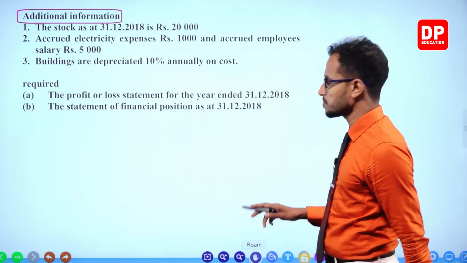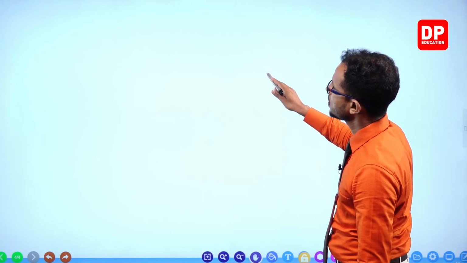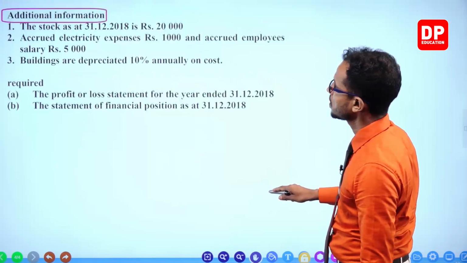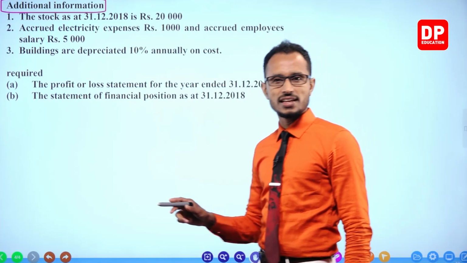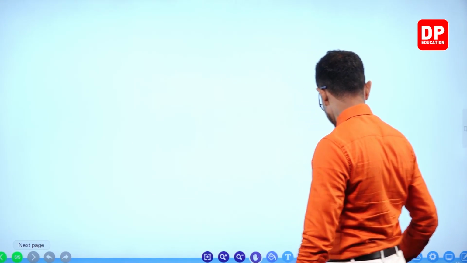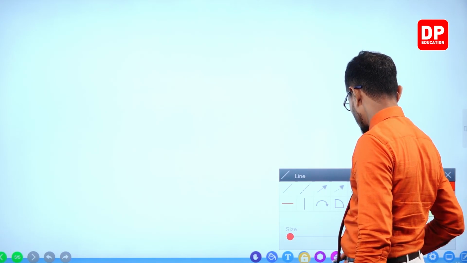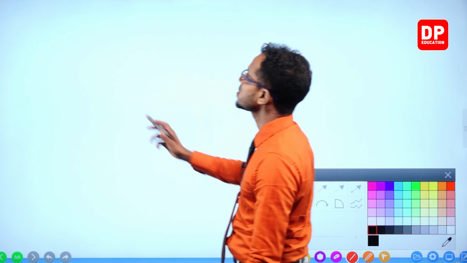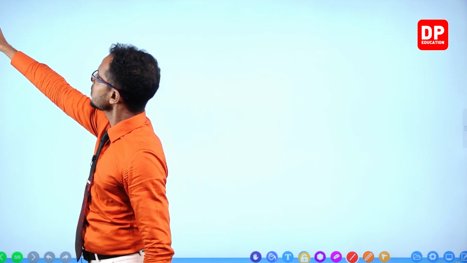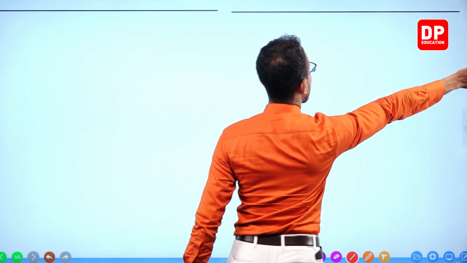First draw the statements. Let's take a separate blank slide right here. Let's draw the statements from this corner. 1 SOPL, 1 SOFP.